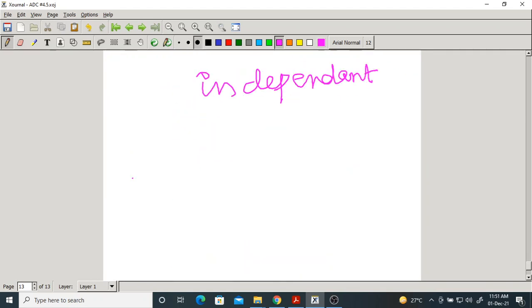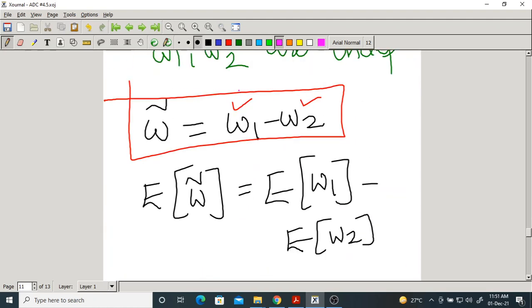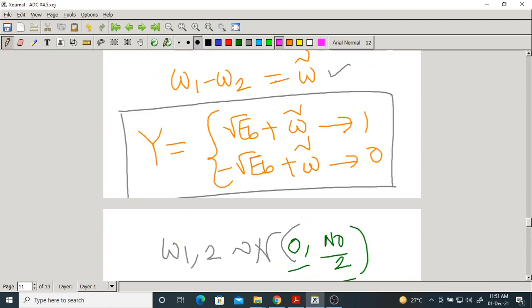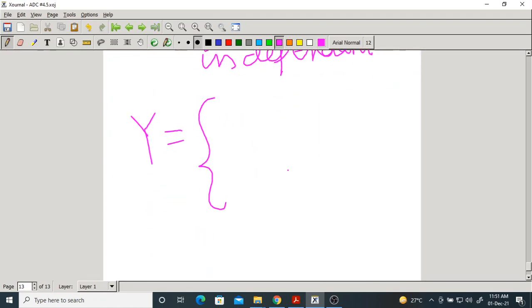That's why y is also Gaussian. But what is y we got? Y equals root EB plus W tilde minus root EB plus W tilde.